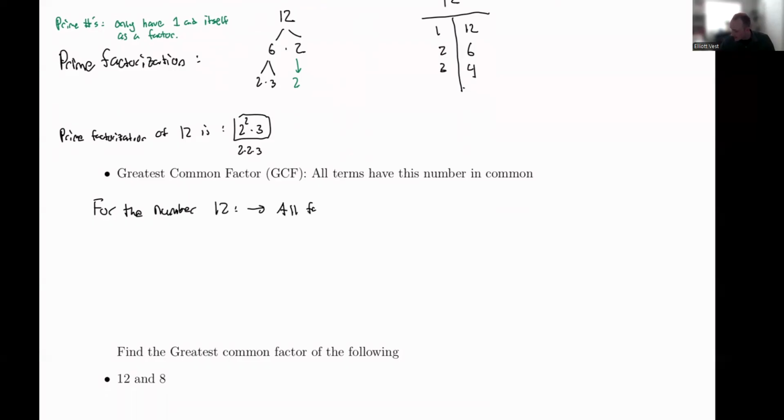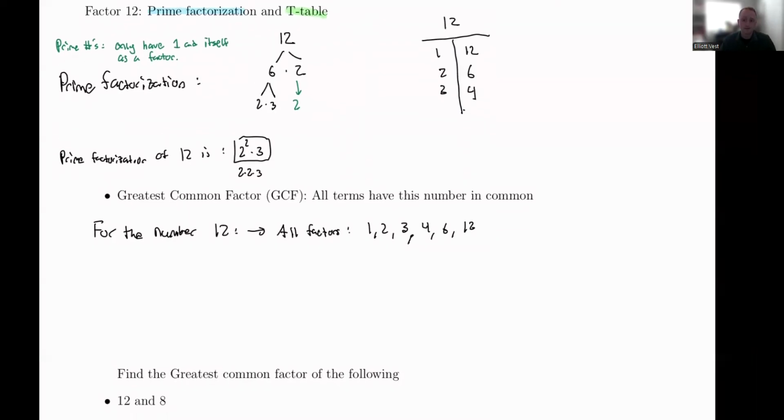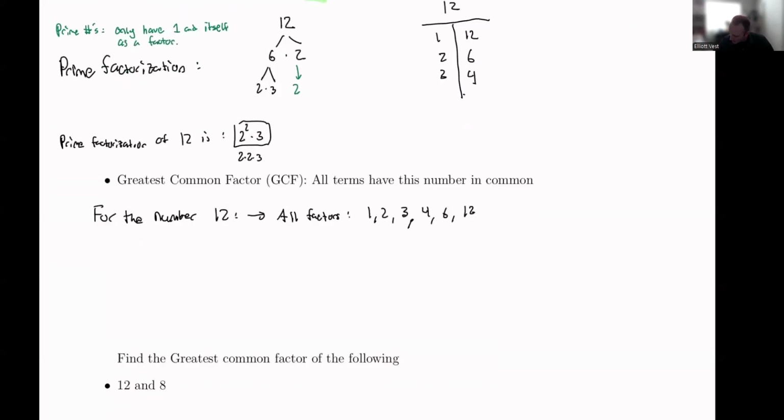All factors, if I was to write them all out, is 1, 2, 3, 4, 6, and 12. I got that from the t-table above, right? So those are all the factors here. The greatest common factor would be the largest factor among all terms here. So I'll write that out as well. Greatest common factor.